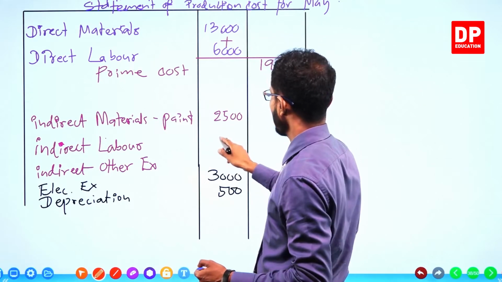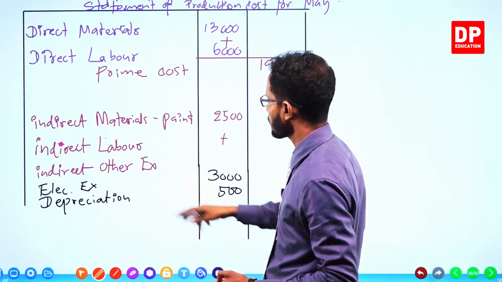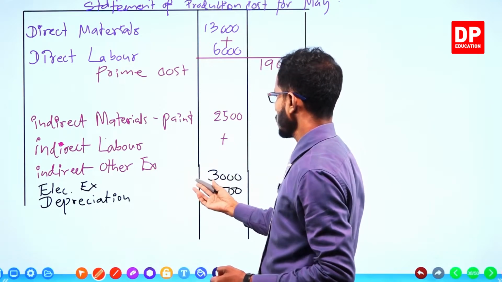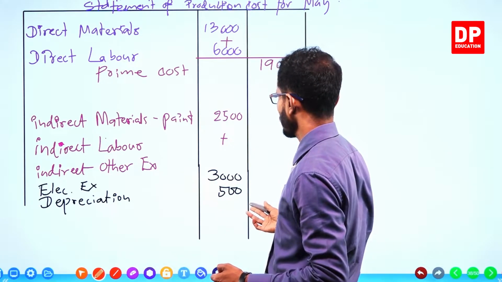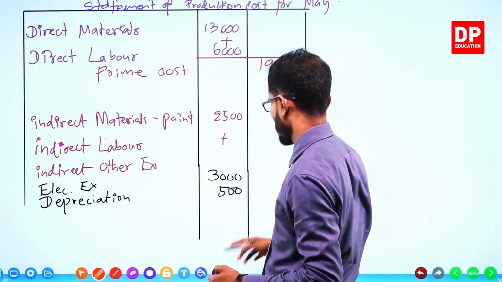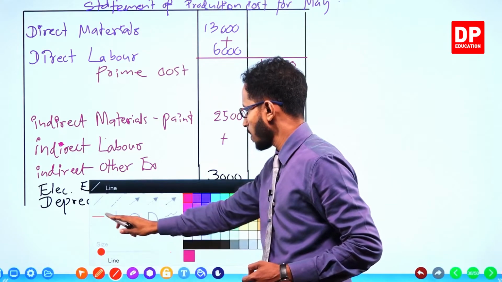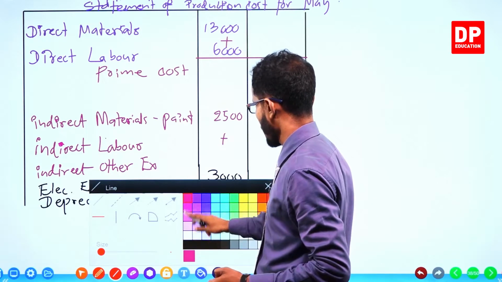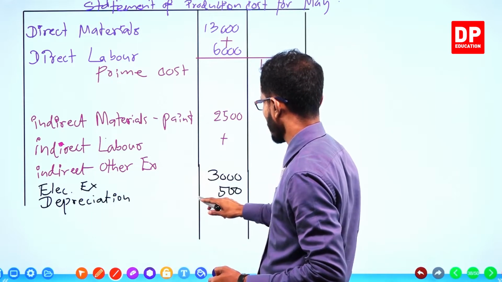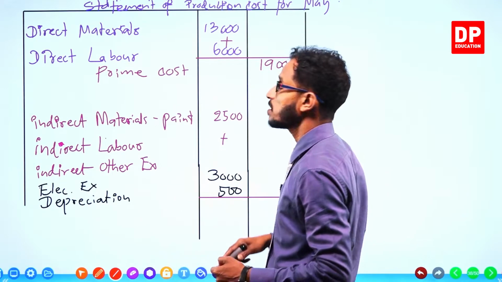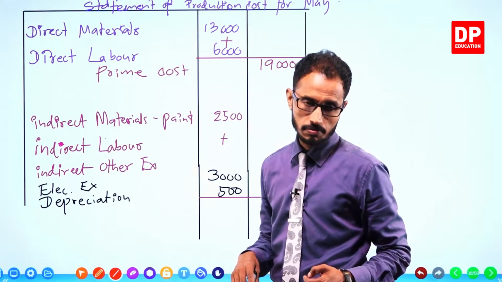Indirect material, paint 2,500 plus indirect other 3,000 plus 500, 3,500. 3,500 plus 2,500, 6,000.